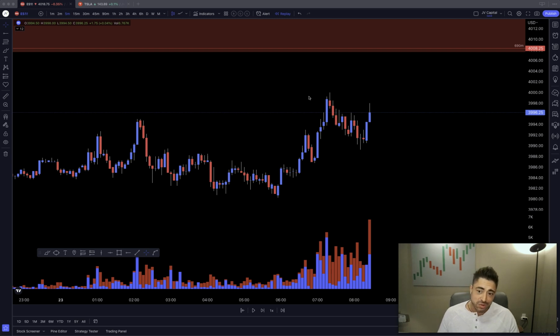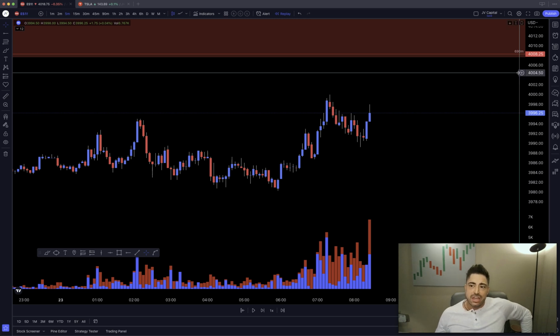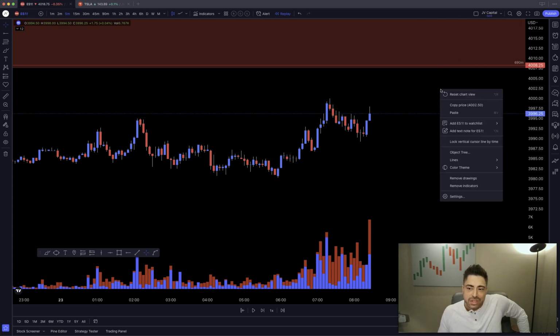So here's what I want to show you as to how to use these zones. In the Discord, you're going to get the scalp levels, which is where I put the supply and demand, also in the members lounge. I use the ES, S&P 500 futures chart, so that you can trade buy or sell options on SPY or SPX.